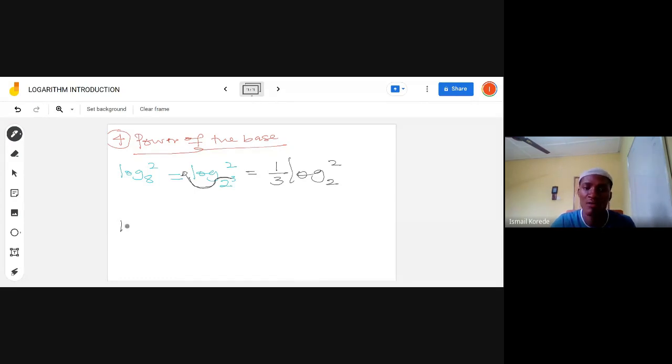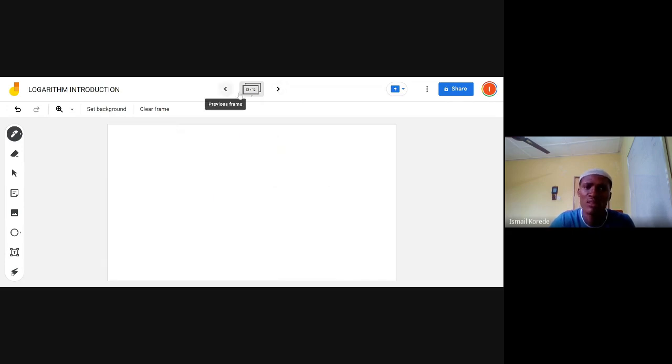Also, if I have log 3 base 81, 81 can be expressed as 3 to the power of 4. Then move this 4 to this side. Since it is the power of the base, it's going to come with a 1 over 4. Then log 3 base 3. That's the fourth law.